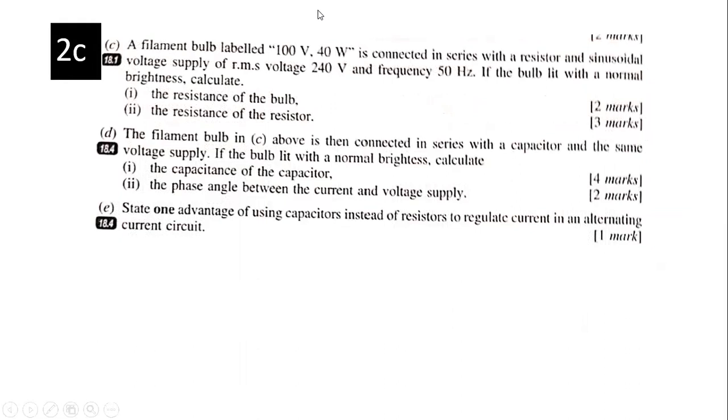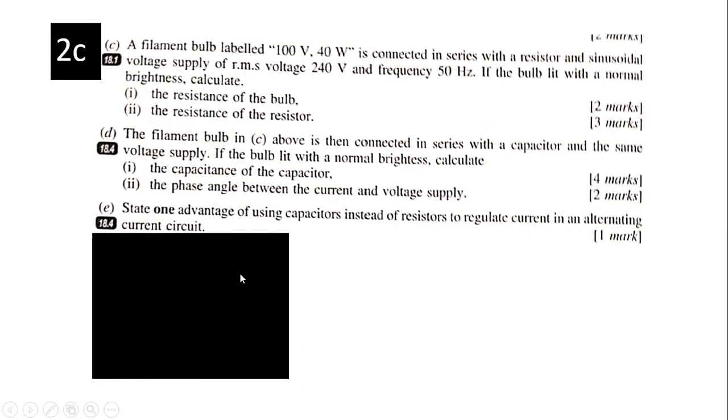Okay, we are given the filament bulb 100 volt, 40 watt. This is always the root mean square value. It's connected in series with the resistor and a sinusoidal voltage supply, root mean square 240 volt, frequency 50 Hz. If the bulb is lit with normal brightness, calculate the resistance of the bulb.